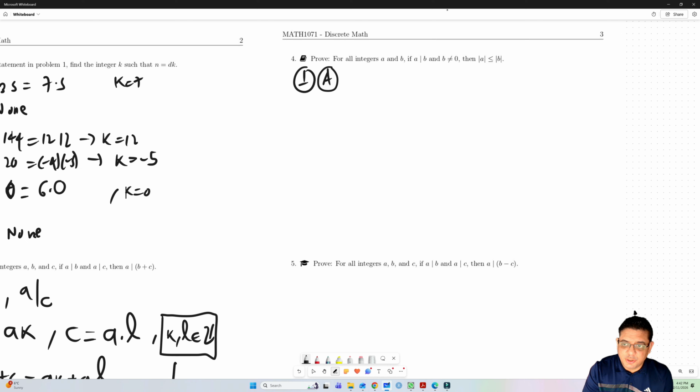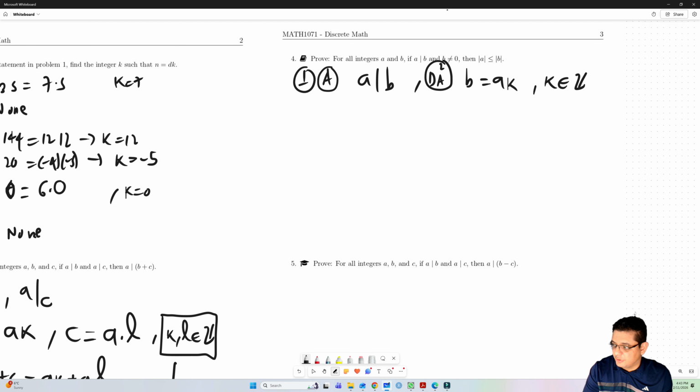The assumption is that A divides B. The definition of the assumption, which is step 2, will be what that means. It means that B equals A times K for a certain K that belongs to the integers.